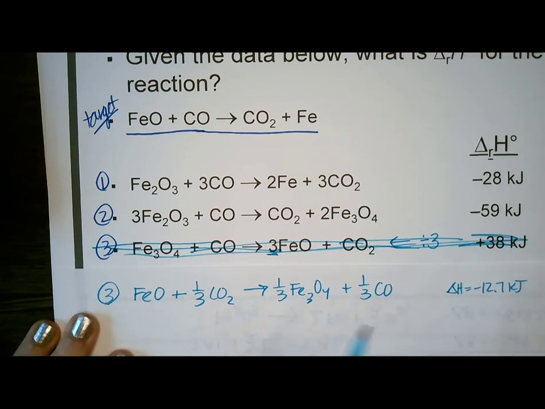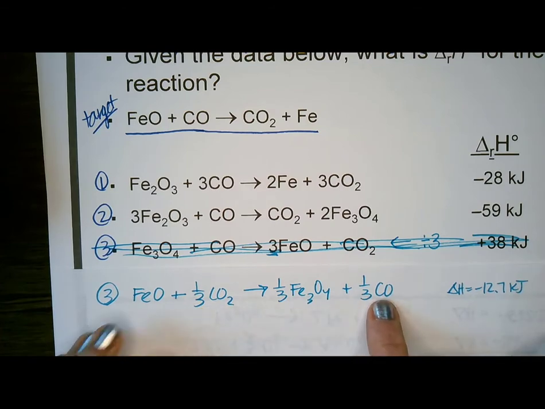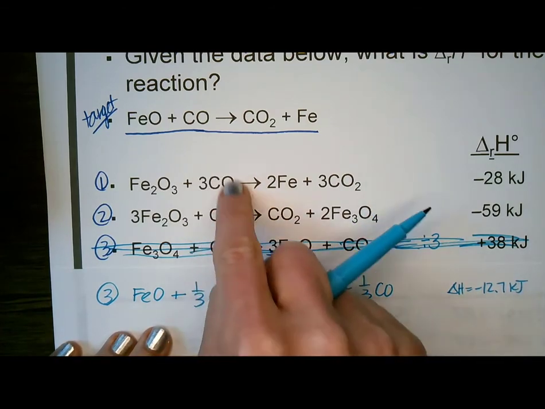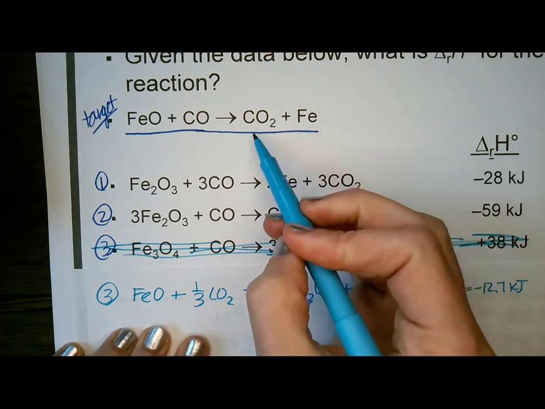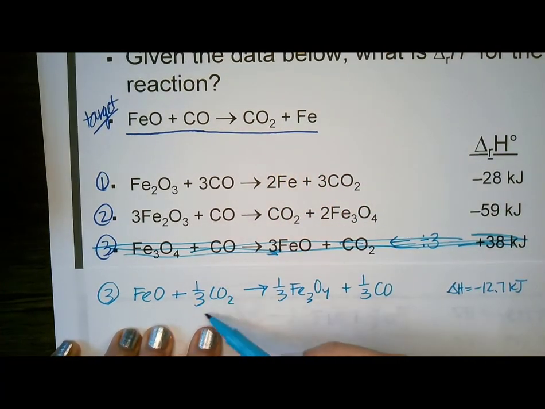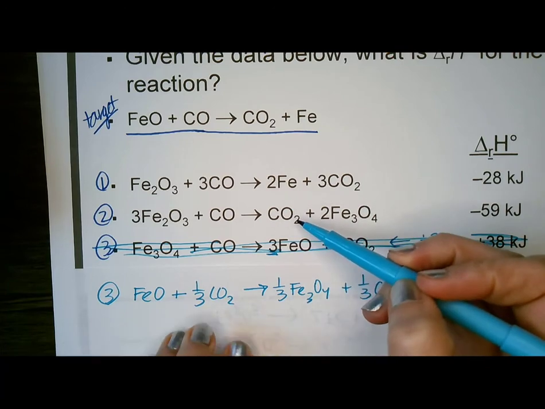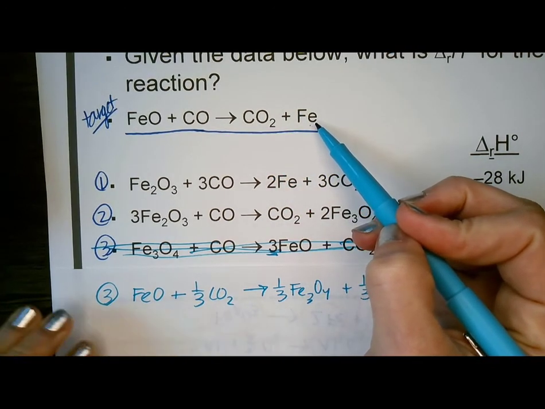Okay, so we redid number 3. Next, we need CO on the left. Well, right now I've got CO on the right, and I've got some COs on the left, but that one gets a little hairy, so we're going to skip that one. Let's see if we can find CO2 on the right. Right now I've got CO2 on the left and CO2 on the right. So again, a little hairy, let's skip it. We need Fe on the right.